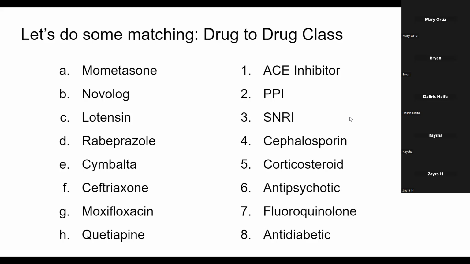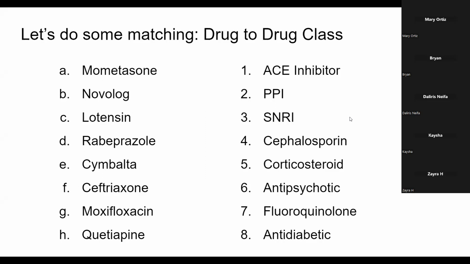Excellent. All right, so Brian online has given us the answer to E. Do we agree with Brian that the answer for E, Cymbalta, is 3, an SNRI? Perfect. So what's an SNRI? What is an SNRI?